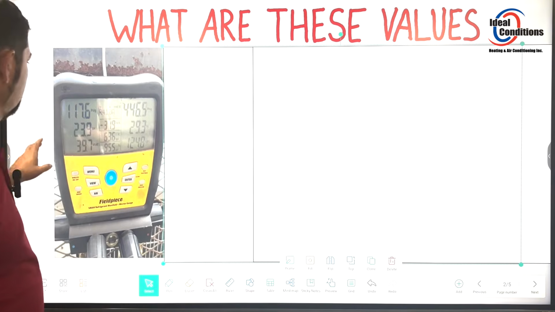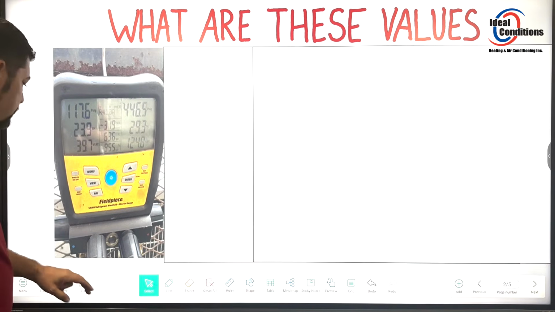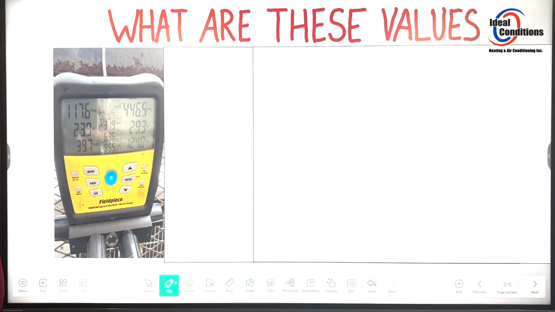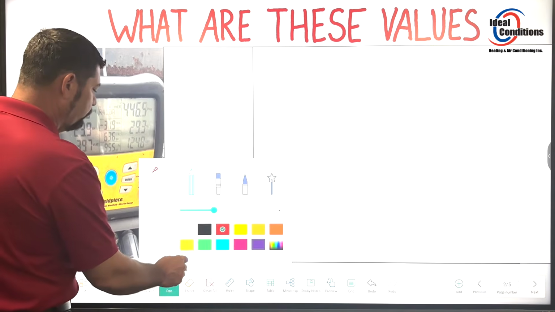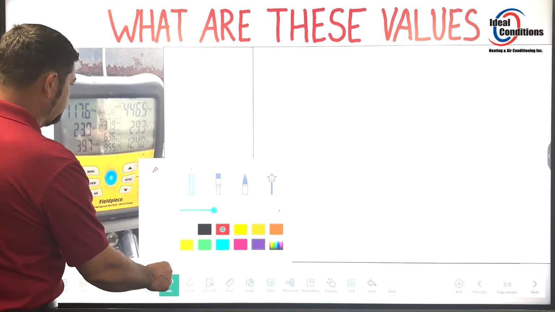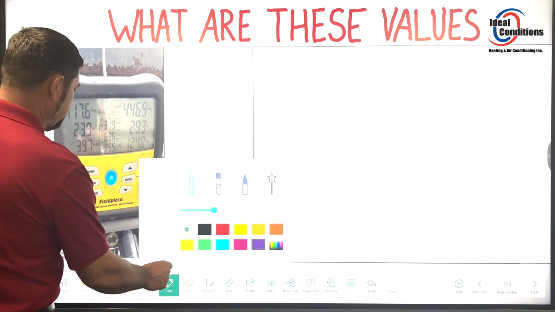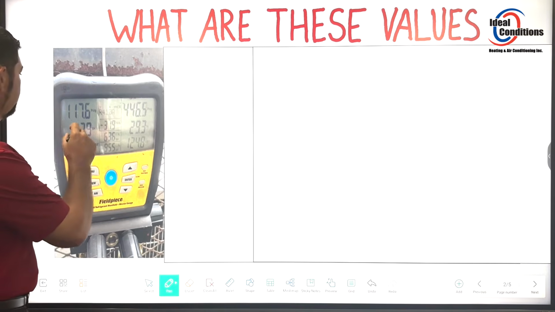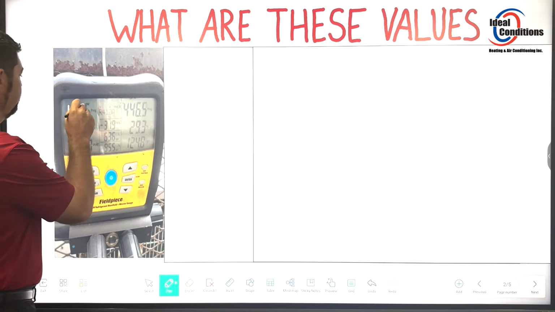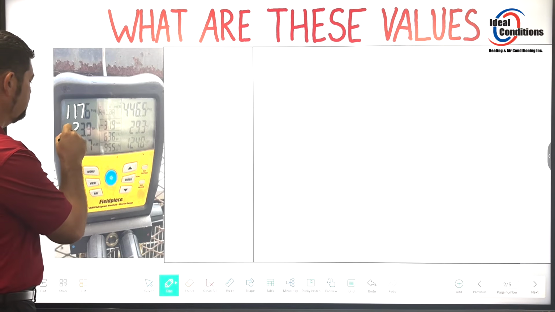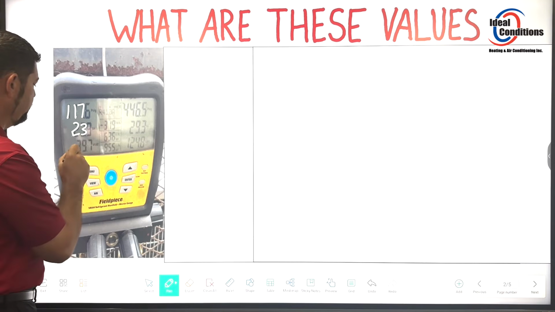Okay, we have this example over here. I'm going to go ahead and write these values out again. I'm going to first write them on the board. We have 117. We have 23 on the superheat.